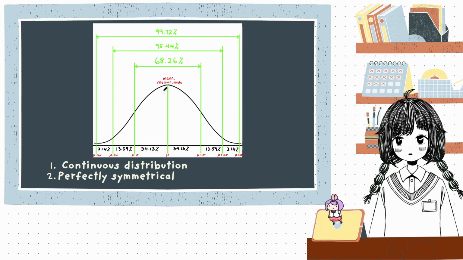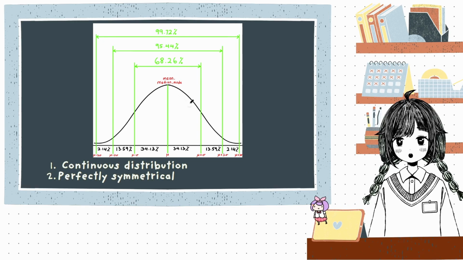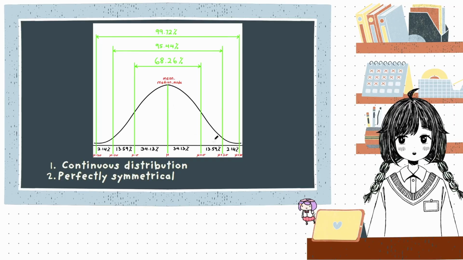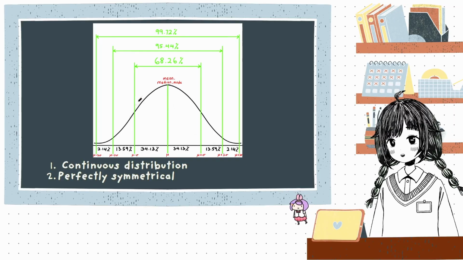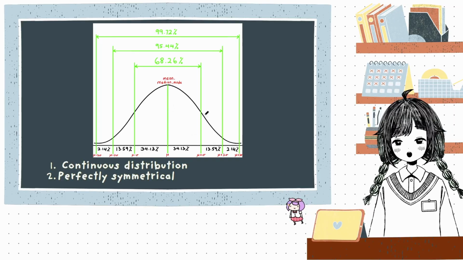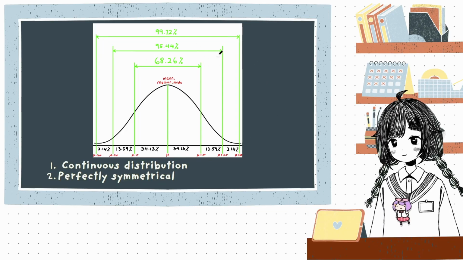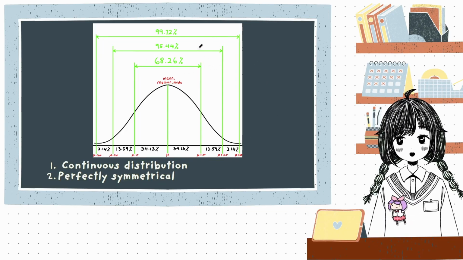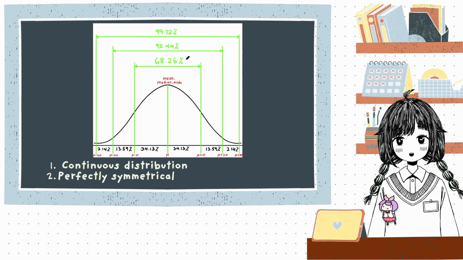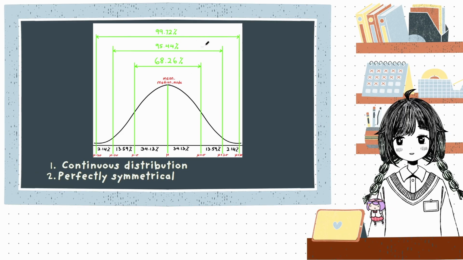As you move away from the mean in either direction, the curve gets lower, meaning fewer observations fall in those areas. Now you see these numbers here. There's a famous rule for the normal distribution called the empirical rule, or the 68, 95, 99 rule.